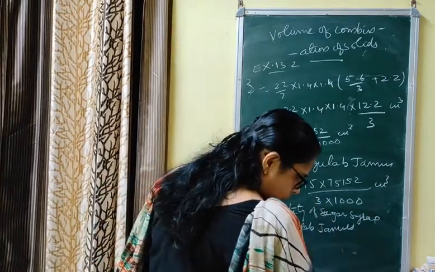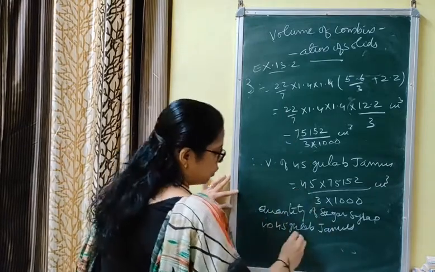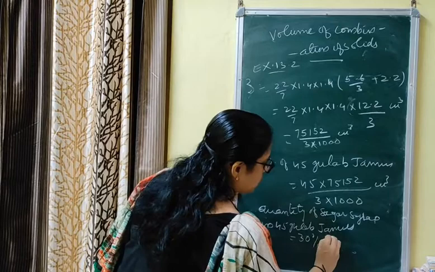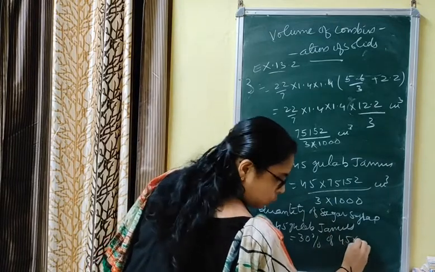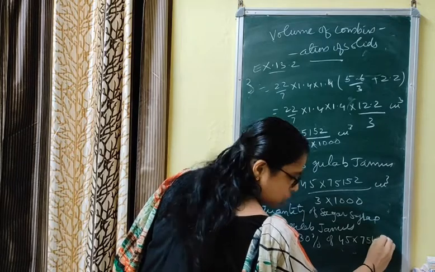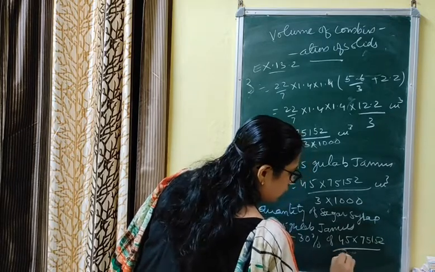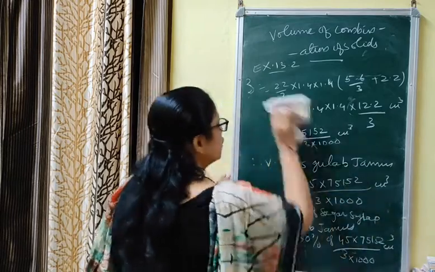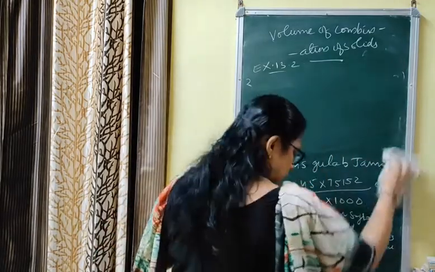This is the volume of 45 gulab jamuns, and 30% of this is 30% of 45 into 75152 upon 3 into 1000 centimeter cube, because it is better to do the final calculation in the last step.